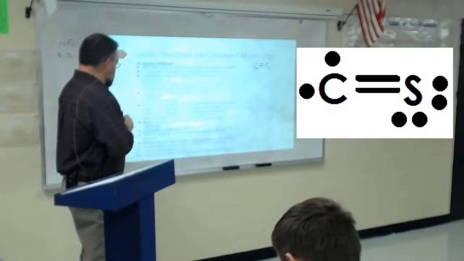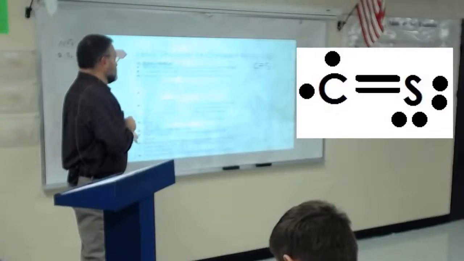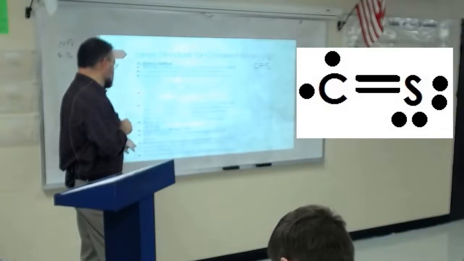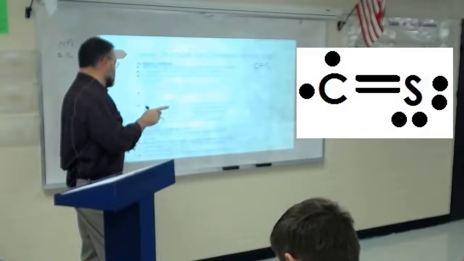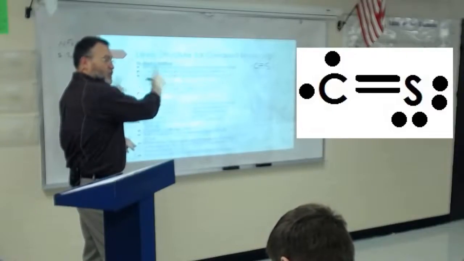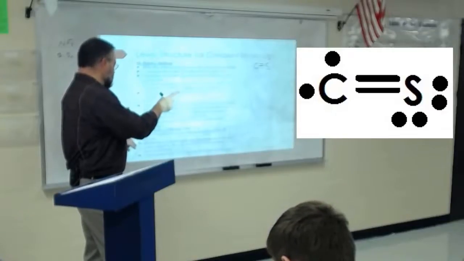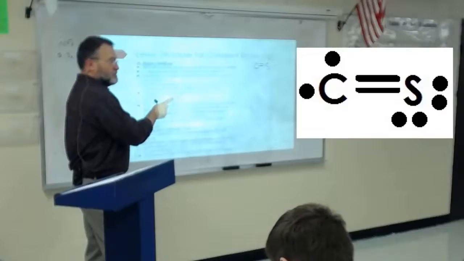So, replace facing, check for octet, pair unpaired. If one atom's octet is full, and its neighbor is lacking, that's this situation, isn't it? Pull a pair from the full one to form a bond between them.